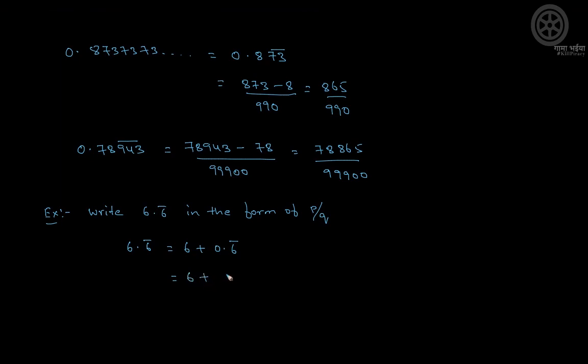So 6 plus, how can I write this one? 6 by 9. So 6 plus 6 by 9, or otherwise you can write 60 by 9, right? 3 20s, 3 3s. Clear?